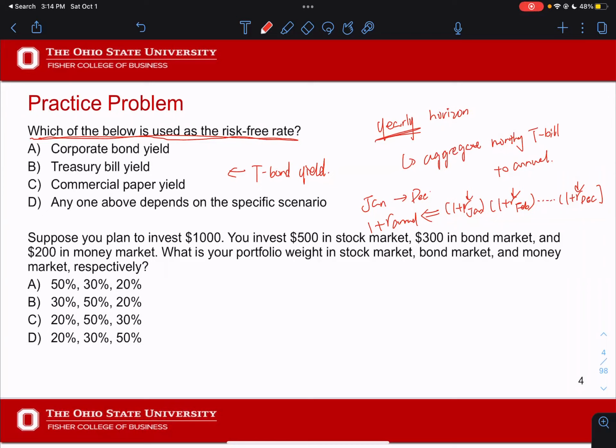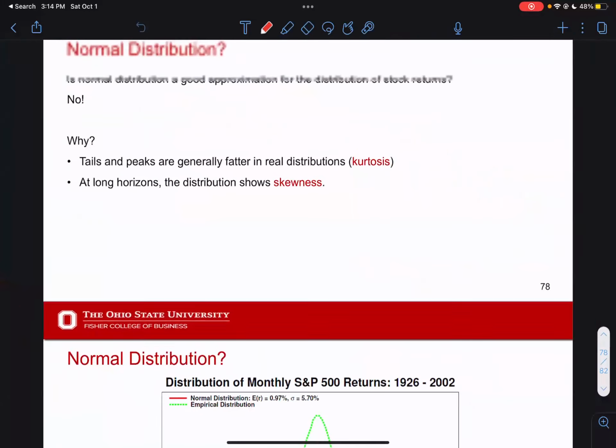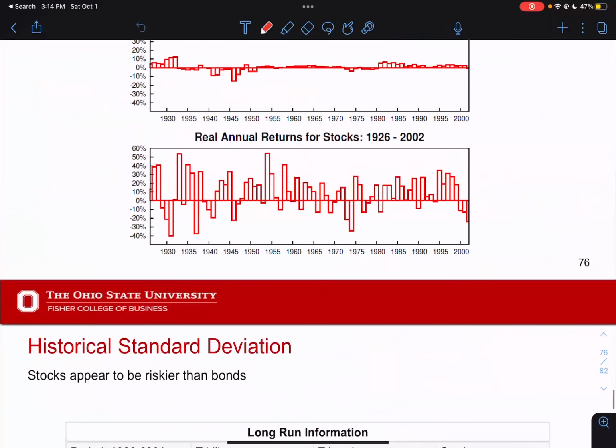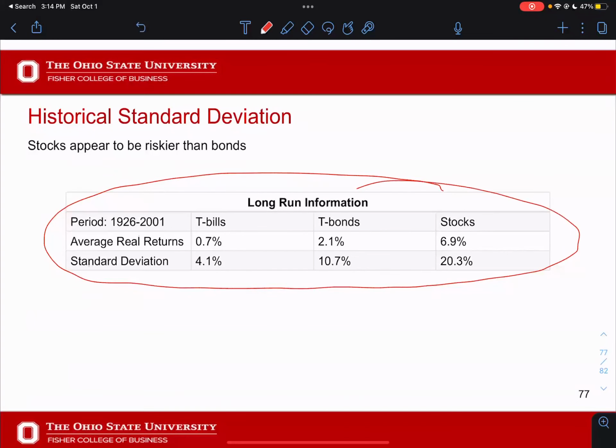There is a reason, because if you remember in chapter 5, here, yeah, you can see the historical standard deviation and average return, all annualized.